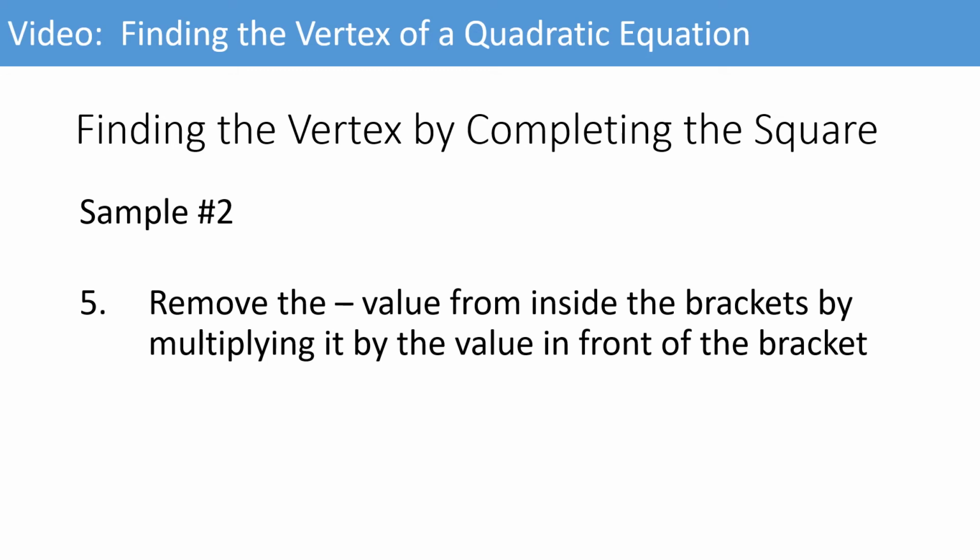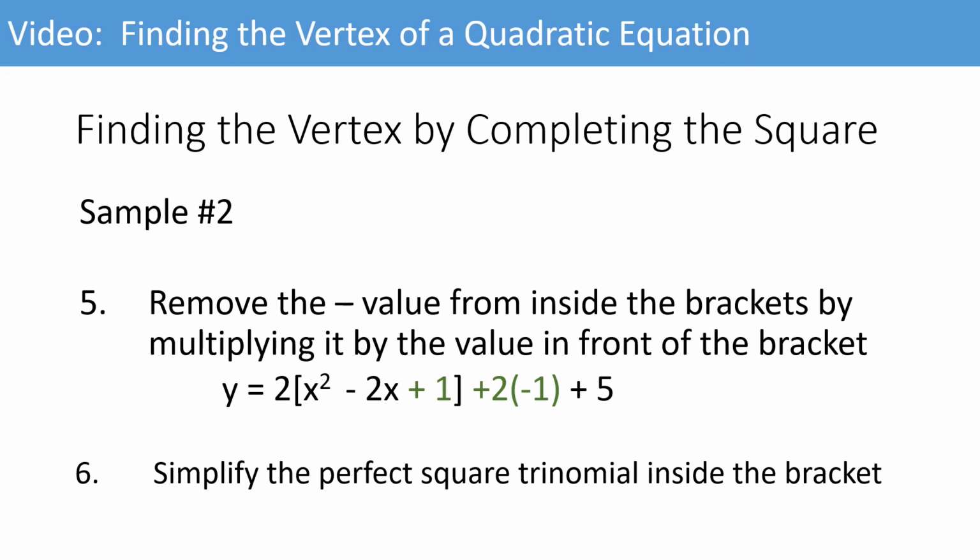Remove the minus value from inside the bracket by multiplying it by the value in front of the bracket. So we take the 2 times the negative 1 and put it at the end of the equation outside the bracket. So we're left with 2 times (x squared minus 2x plus 1) plus 2 times negative 1 plus 5.